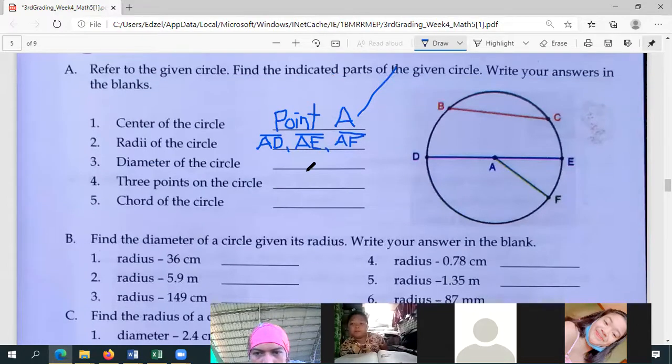So our diameter is DE. By the way, you can also write DE as ED. You can reverse it. Still correct. AD can also be DA. AE can be EA. AF can be FA. Same with the diameter, you can reverse it. You can start at E, then D. So it can be ED. Right?